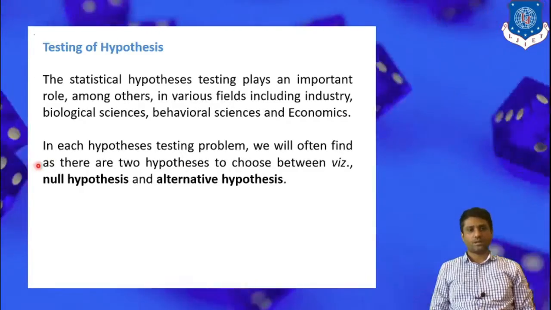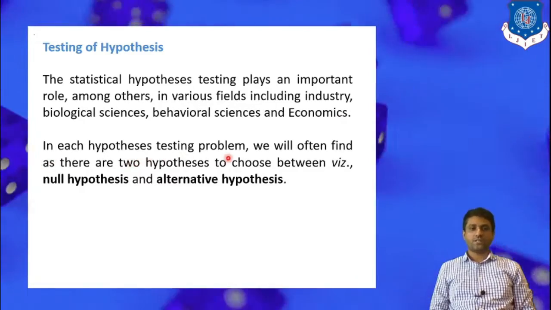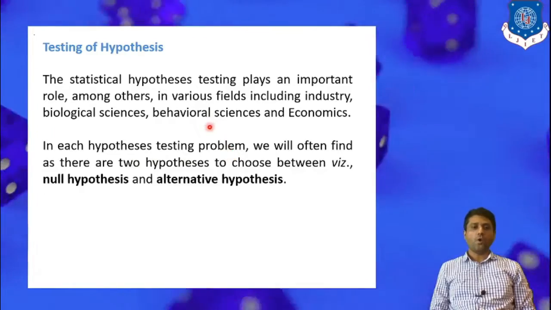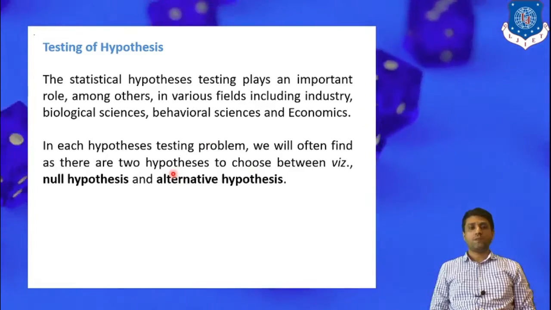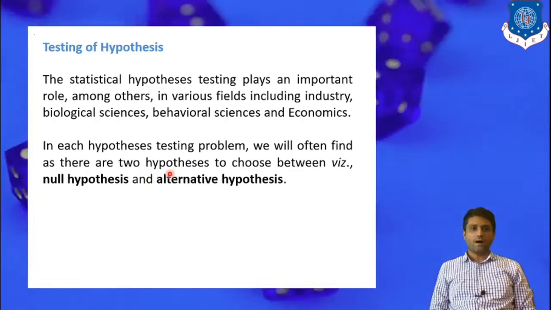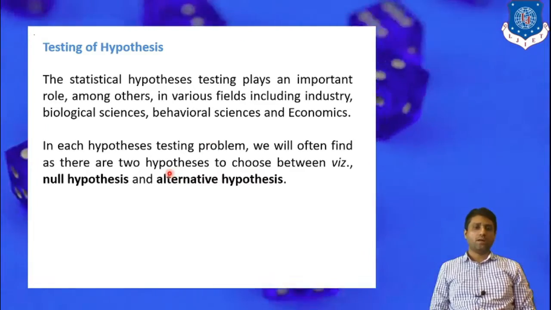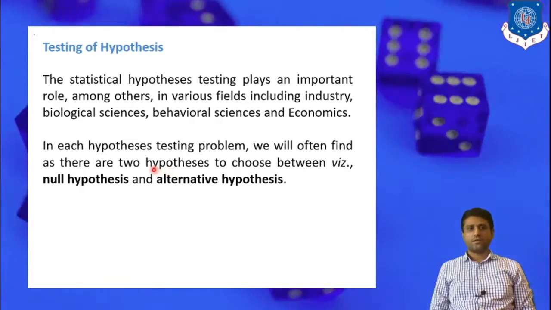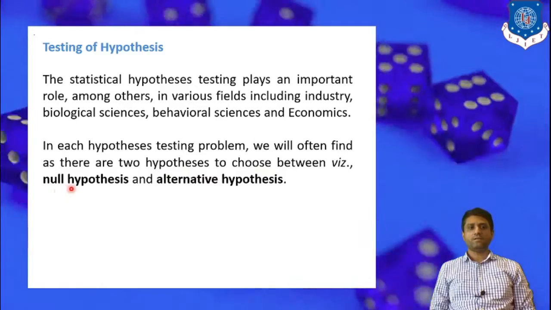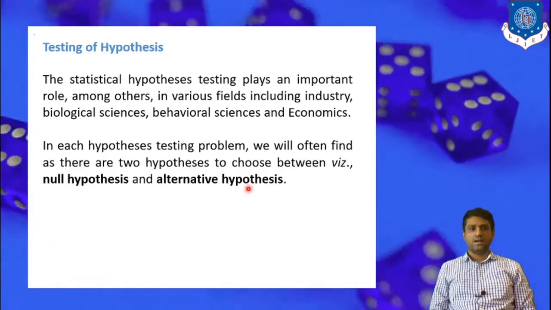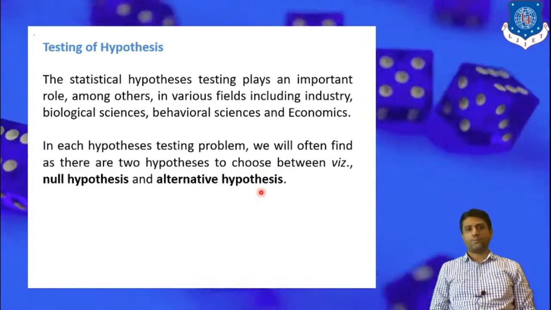In each hypothesis testing problem, we will often find that there are two hypotheses. Whatever problem arises, according to that problem we have to choose two hypotheses, namely the null hypothesis and the alternative hypothesis.